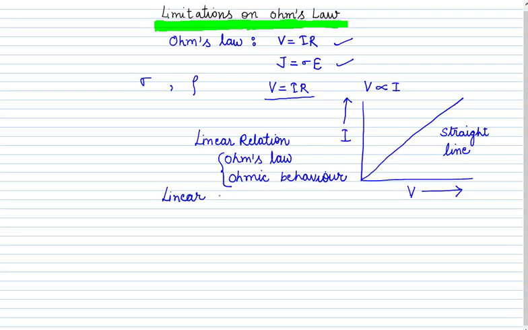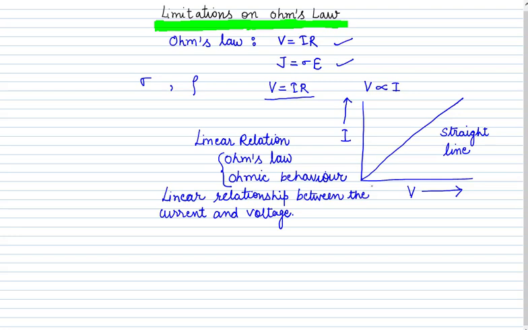What is this linear relationship? It is the linear relationship between the current and voltage, the current we are getting and the voltage we are applying. So it is very much true that any conductor has an ohmic behavior. It has a linear relation between its voltage supply and the current measured.